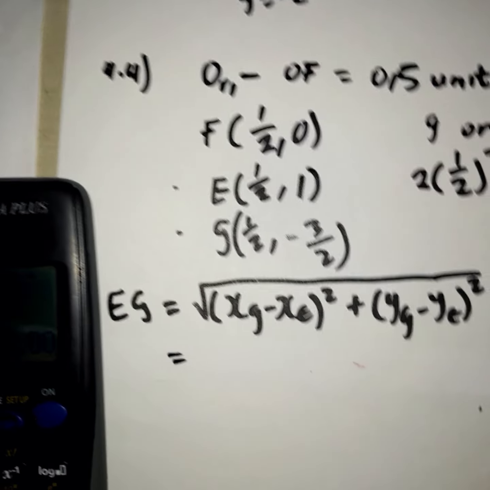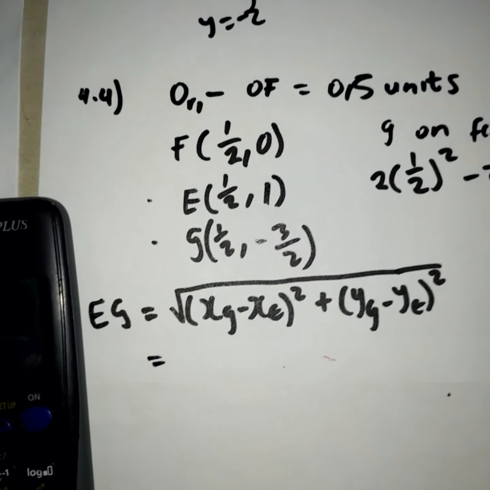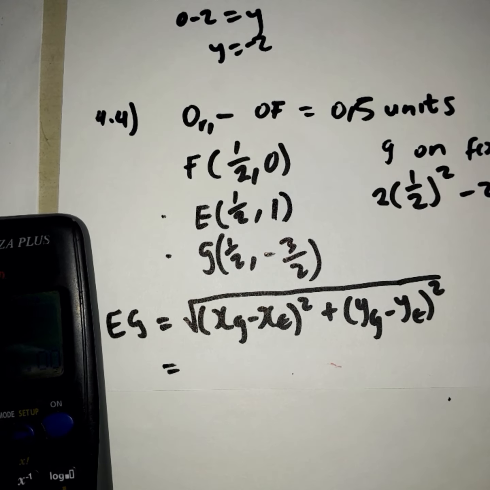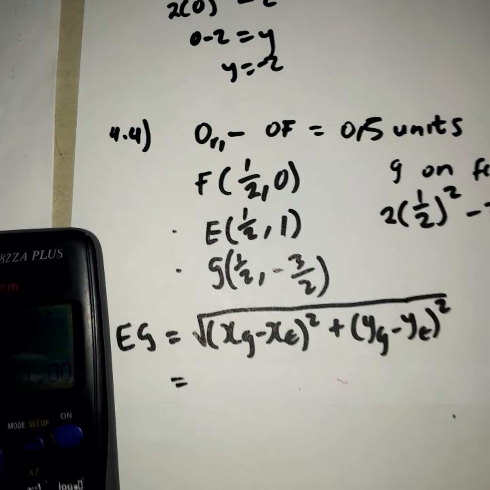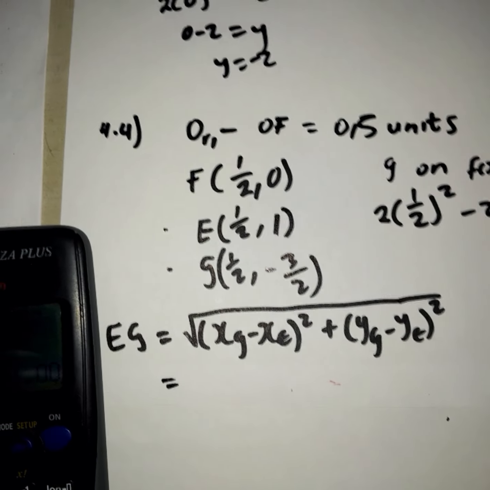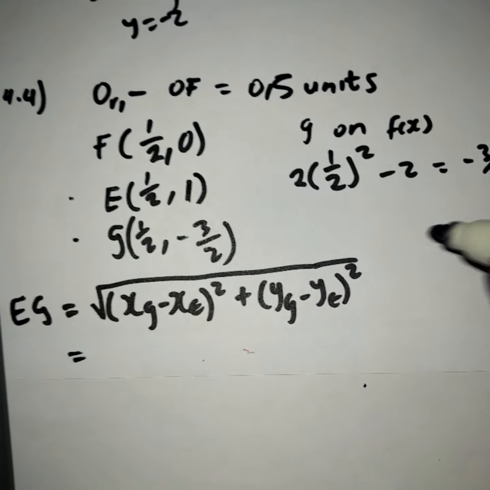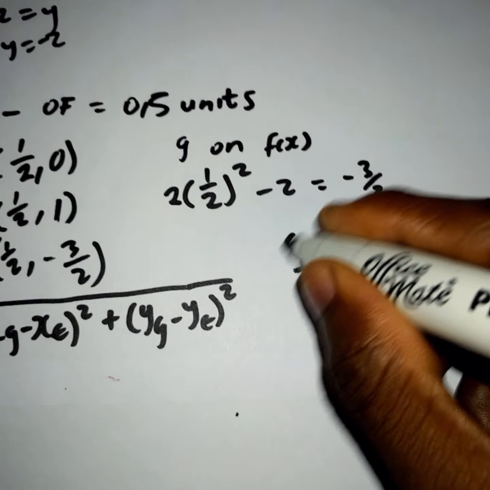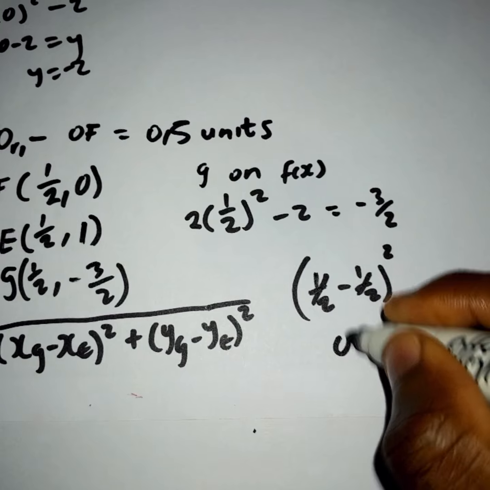Because the x coordinates are the same, it's a vertical line. So the x part is half minus half, all squared. You can see that this will cancel out and the answer will just be 0.